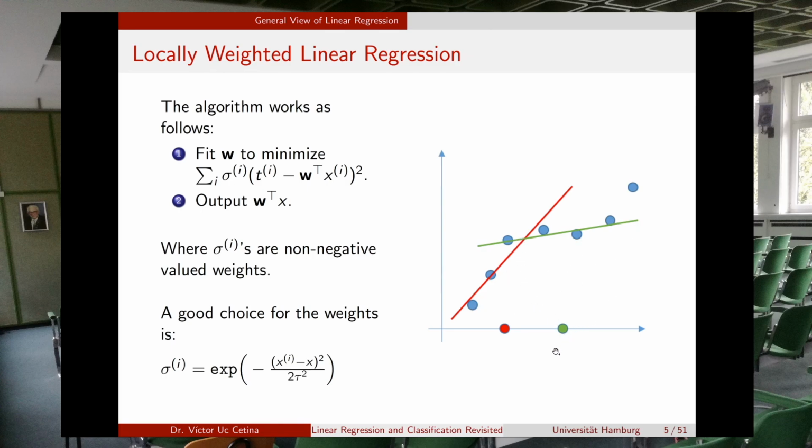And this is something that you don't need to do in the standard linear regression. So with this method you can get more precise predictions, but the problem is that you need to compute these distances every time you evaluate a new point.